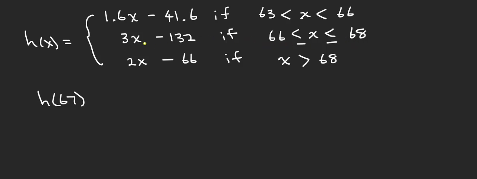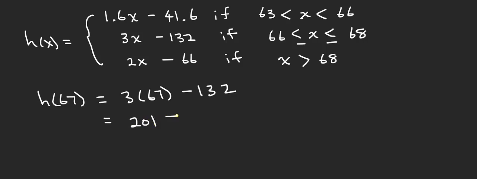So we have to use the second piece to evaluate h of 67. It will be 3 times 67 minus 132, which is going to be 201 minus 132, which is 69.